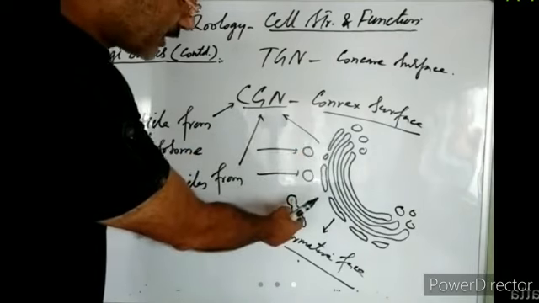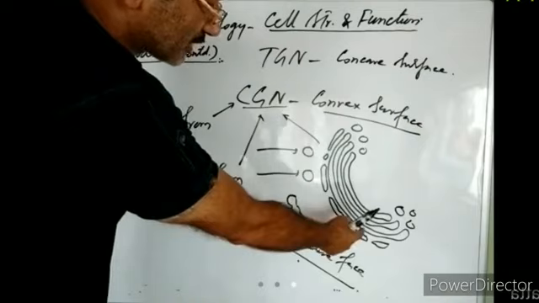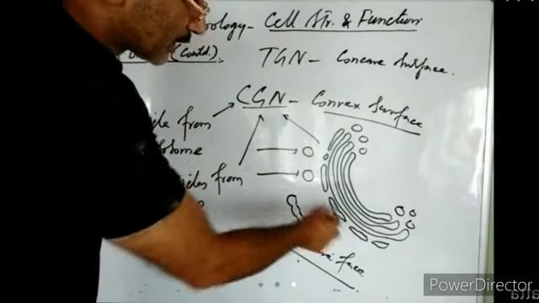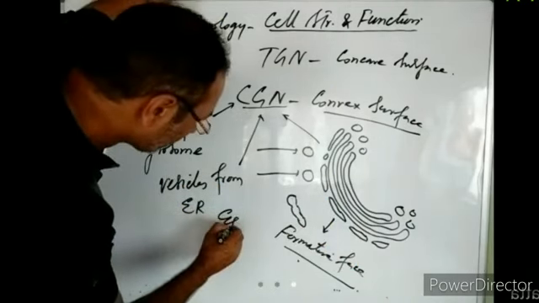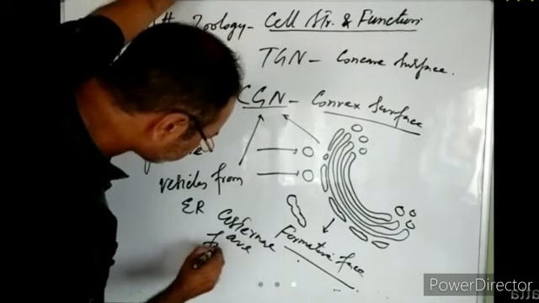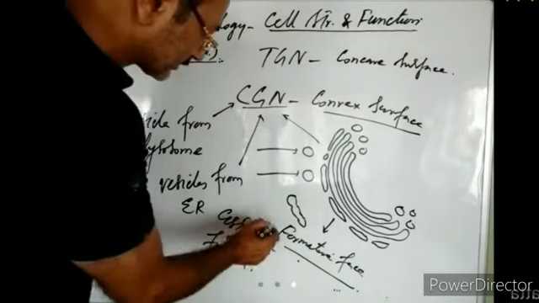When many vesicles join, they form small stretches of cisternae. Then these small stretches of cisternae join and form a cistern. So on this surface of the Golgi body, cisternae are being formed. That is why we call it the formative phase.